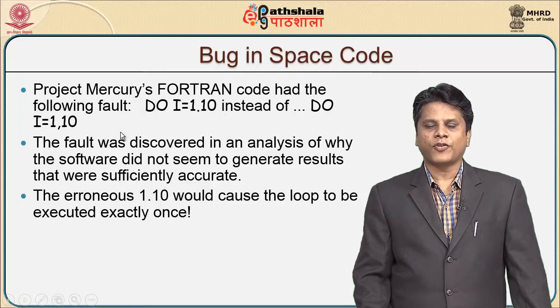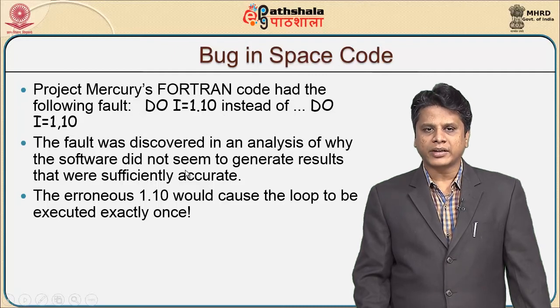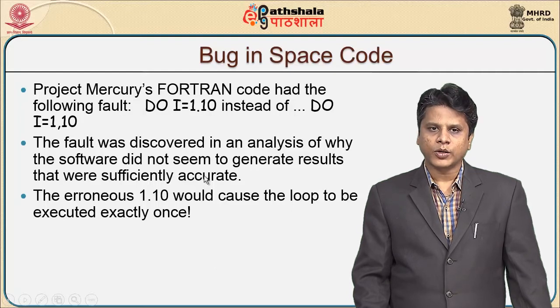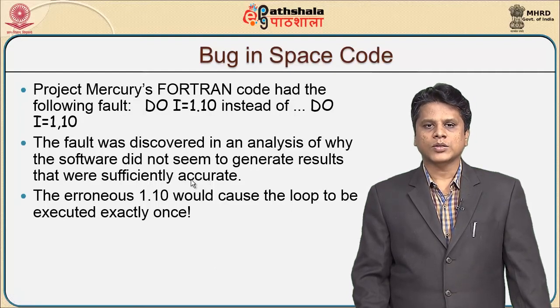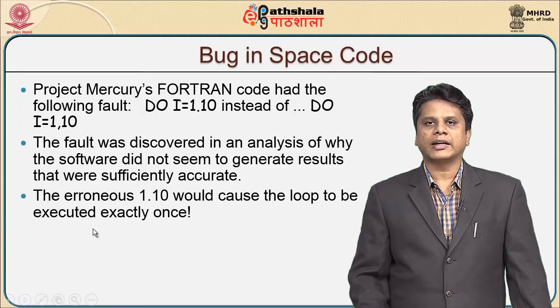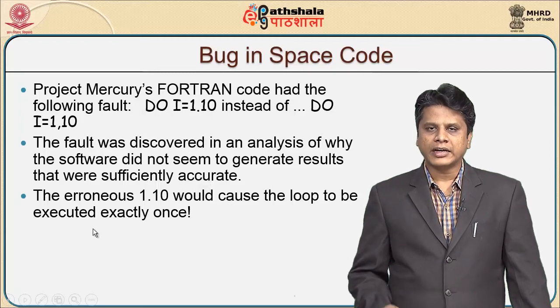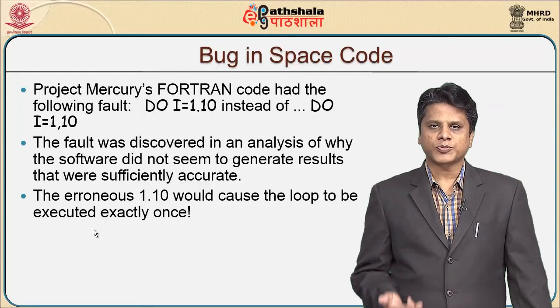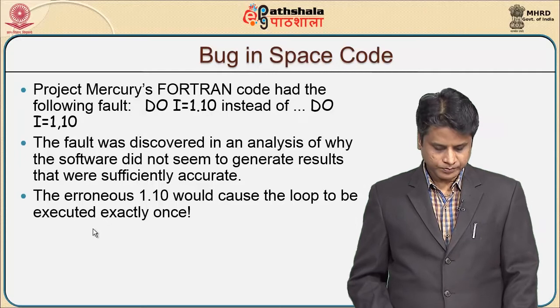So because of this fault, in an analysis of why the software did not seem to generate results, it was sufficiently accurate. The erroneous 1.10 would cause the loop to be executed exactly once, instead of 10 times, the software has executed this particular loop only once.